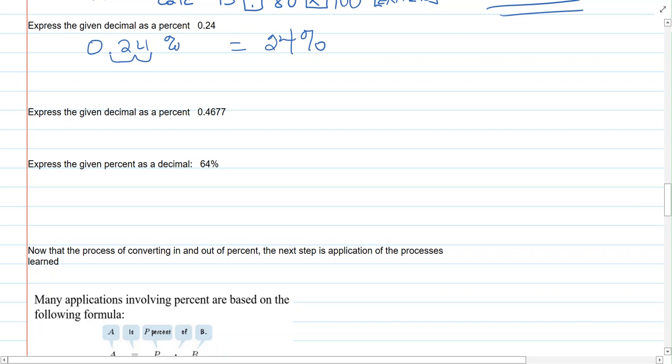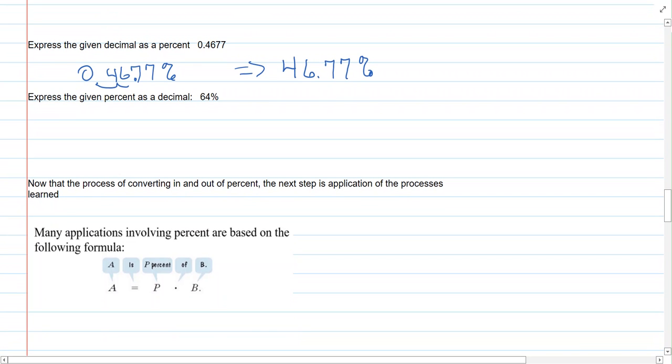Well, this one's a long decimal. This is 4,677 ten-thousandths. And we want to make it a percent. So we're going to write it and know that the 0 just introduces a value less than 1. And we're going to move it 2 places and add the percent. So this one becomes 46 77/100%.